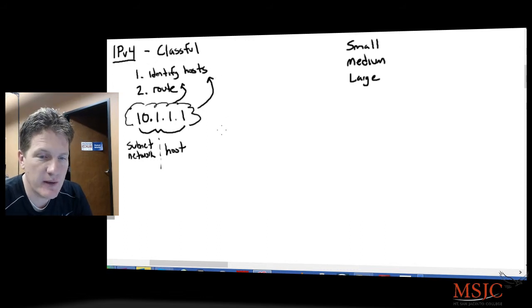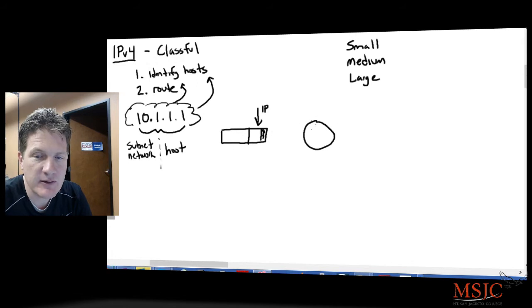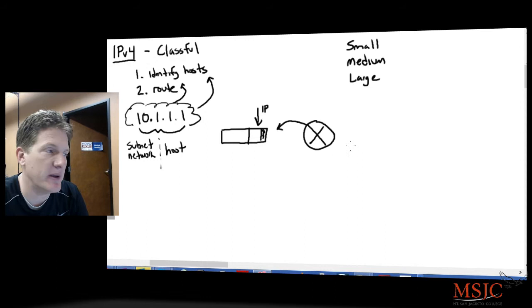So if a packet were to go across the network, on the IP header of the packet would be the address. A router device would read or inspect that packet, and as that packet went through, the router would have to make decisions.